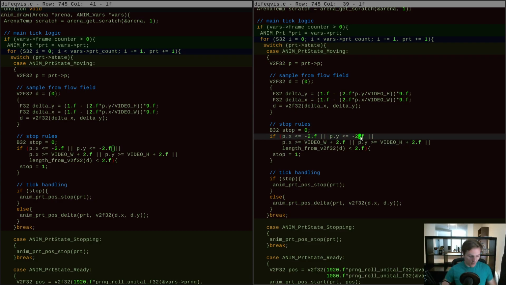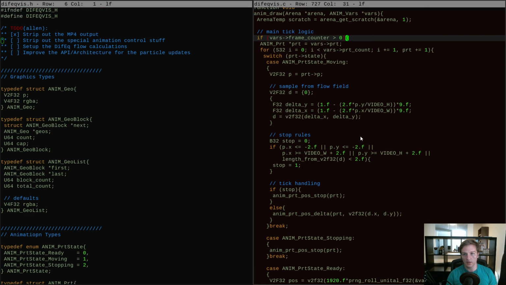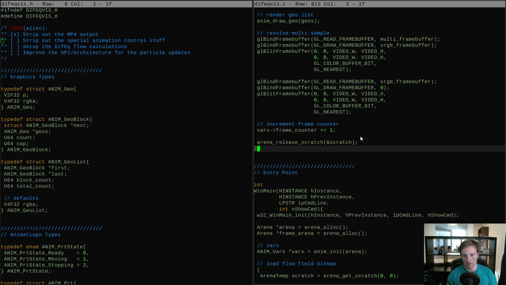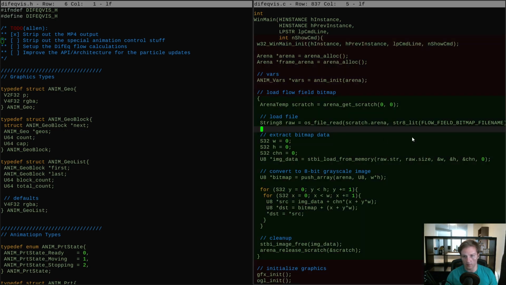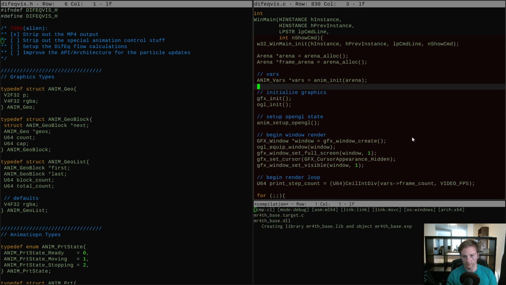Okay, some things I want to achieve here. So the special animation control stuff is getting pretty low. Let me just double check there's nothing else floating around from that. So here we're still loading in the bitmap. We can pull that out. That shouldn't break anything.